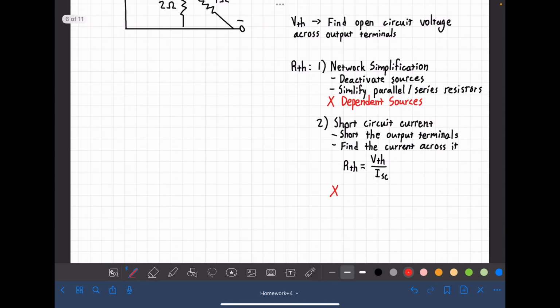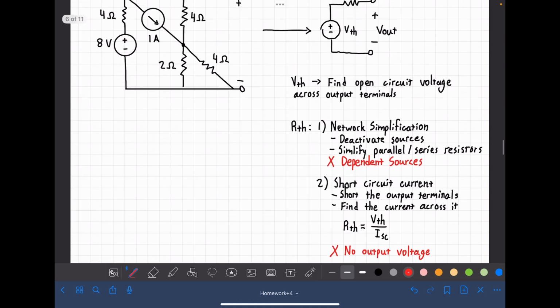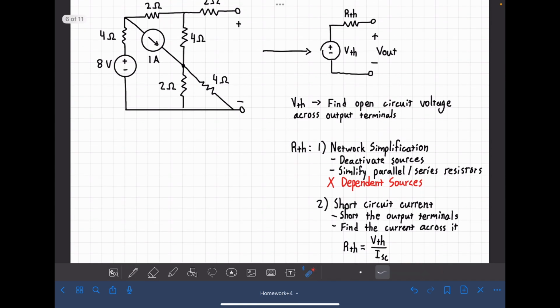If there are no independent sources, or rather, no output voltage. If there's no voltage between your outputs to begin with, then you know there isn't going to be a current going through there.